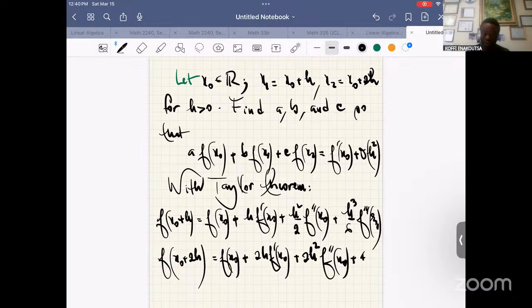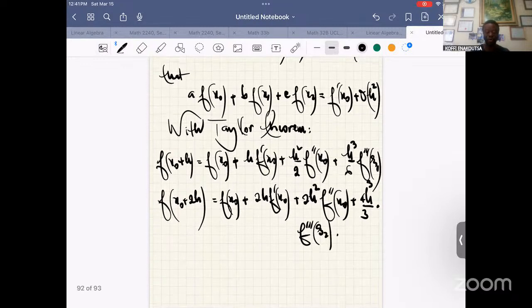So this will give you h cubed. Of course, there is 2h cubed, which you simplify by 2 here, giving you 3, then multiplied by f third at epsilon 2. And then you look at the possible combination that you can have to get f prime at x0. It's like an approximation that we are doing.